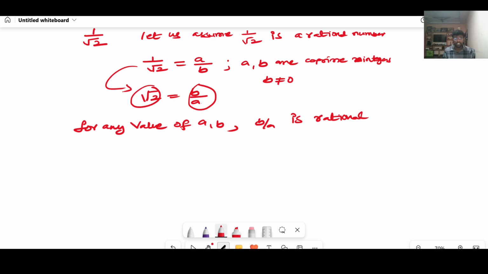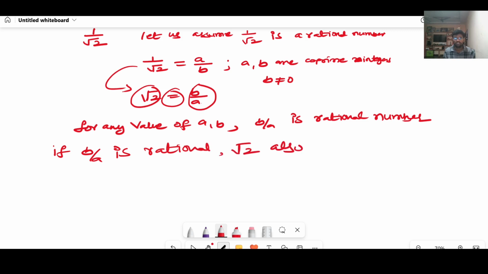If b by a is a rational number, root 2 will also become rational, right? Why? Because the equal symbol is there between them. But we know already root 2 is an irrational number, right?